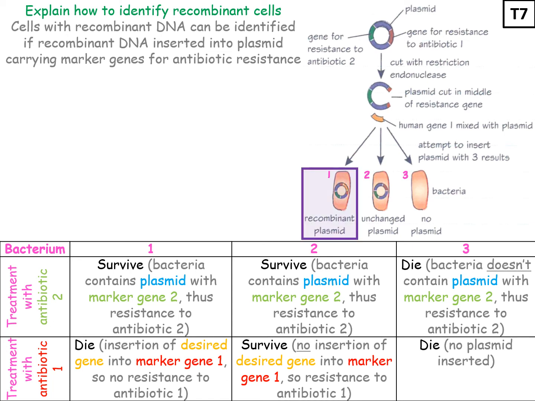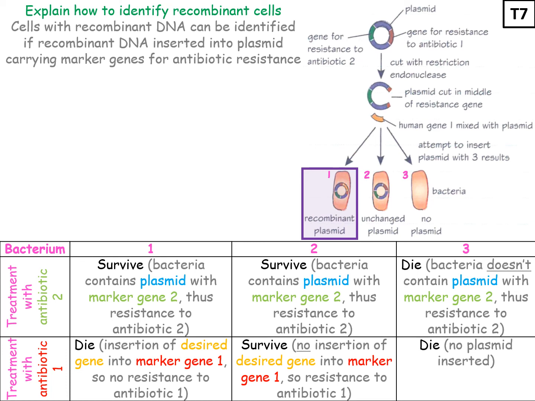So to identify the first option, the one that we want, the recombinant plasmid that contains the inserted gene, and that plasmid is in the bacteria, if we treat it with antibiotic 2, the resistance gene for antibiotic 2 will be in the plasmid.